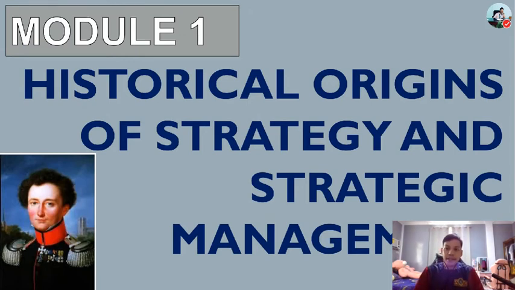Strategic management is a field of study that involves the process through which firms define their missions, visions, goals, and objectives, as well as craft and execute strategies at various levels of the firm's hierarchy to create and sustain a competitive advantage.